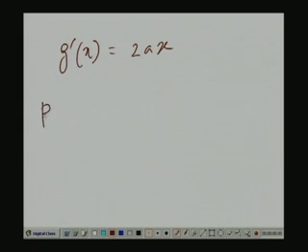and what is g prime x? G x was a x square. So, g prime x will be twice a x. So, that means, given any capital Y, they have got 2 solutions. So, there will be 2 terms.